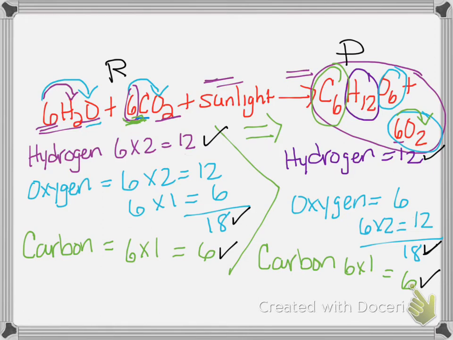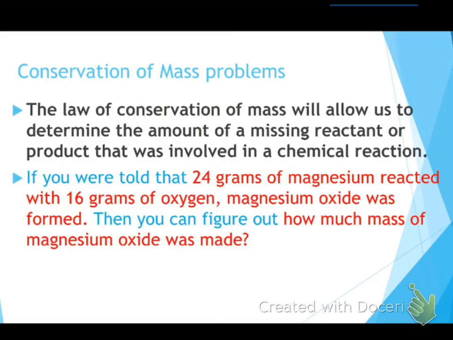Alright, and then we're going to move on to the law of conservation of mass. And this, we're going to go through 2 problems together on here, and then you'll have examples in class as well. So the law of conservation of mass will allow us to determine the amount of a missing reactant or product that was involved in a chemical reaction. So if you were told that 24 grams of magnesium reacted with 16 grams of oxygen and magnesium oxide was formed, how do you figure out how much magnesium oxide was made?